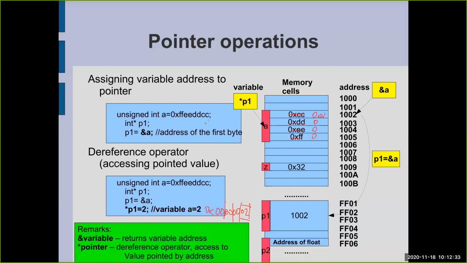So if you have the asterisk integer pointer, it will affect not only a single cell, but all cells. All memory cells will be modified.